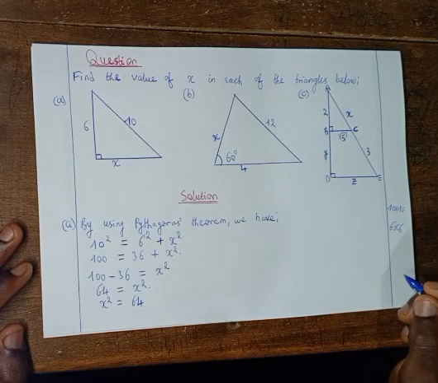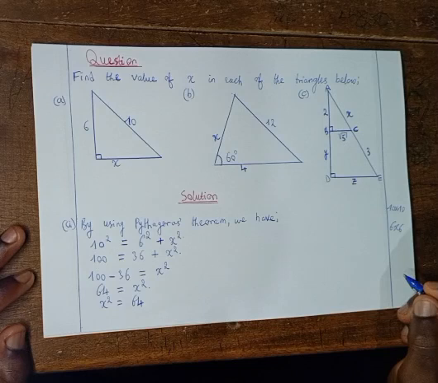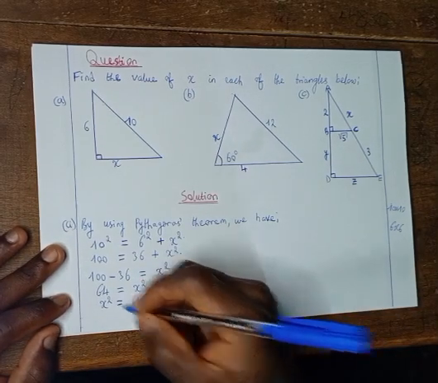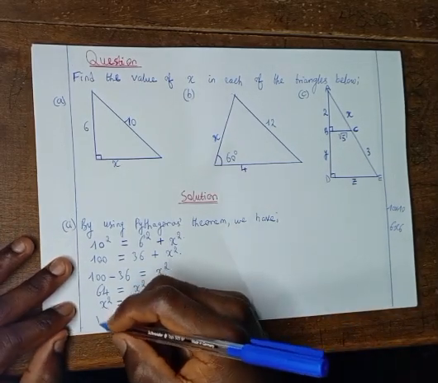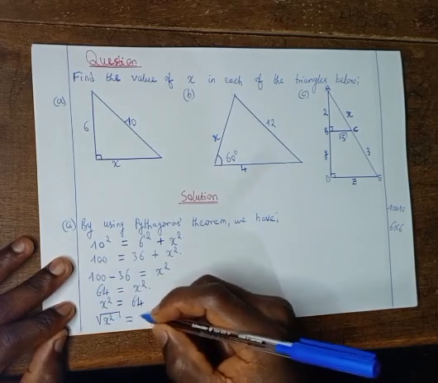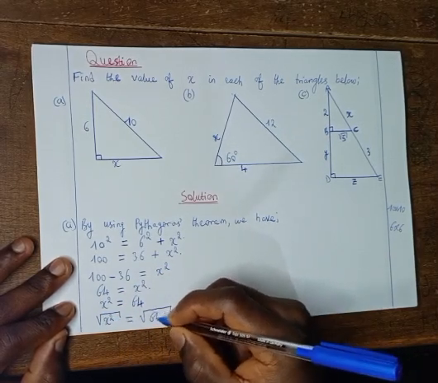Next, we are to find the value of x. And for us to get the value of x, we are going to take square roots on both sides. So this will simply give us the square root of x squared is equal to the square root of 64.